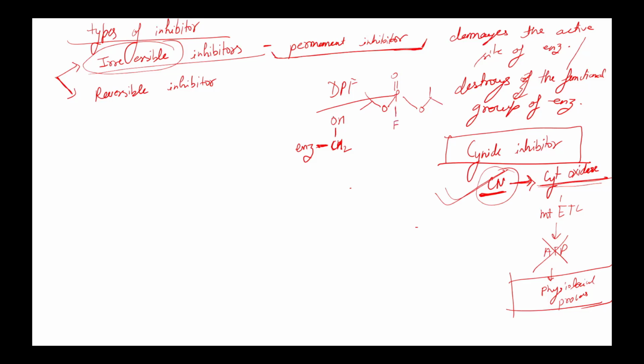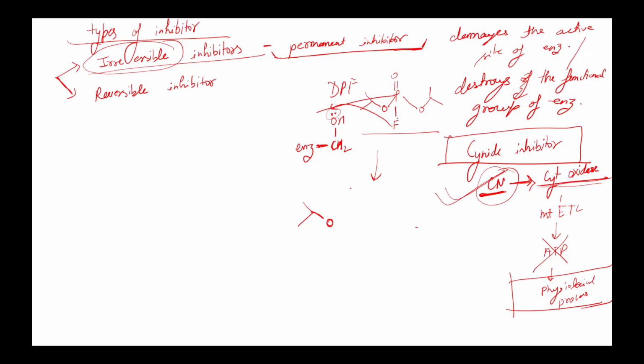So this is the substrate, this lone pair, and this is an inhibitor. So this is the enzyme, and this is the inhibitor of this enzyme. So this is the functional group of enzyme.